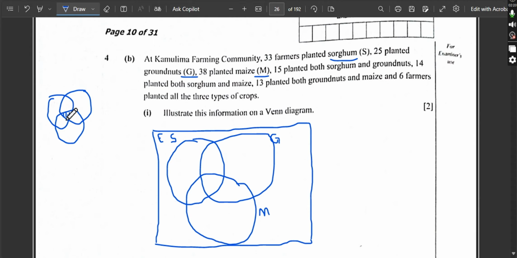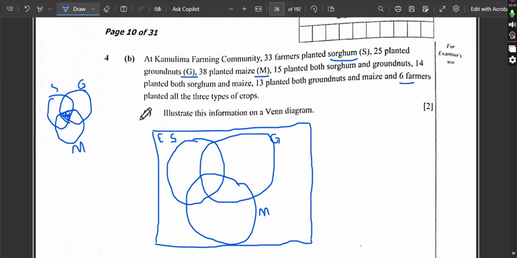This part touches all the sets. You can see even the boundaries: this boundary for sorghum, this boundary for maize, and this boundary for groundnuts. So this is the intersection for all the 3 sets.